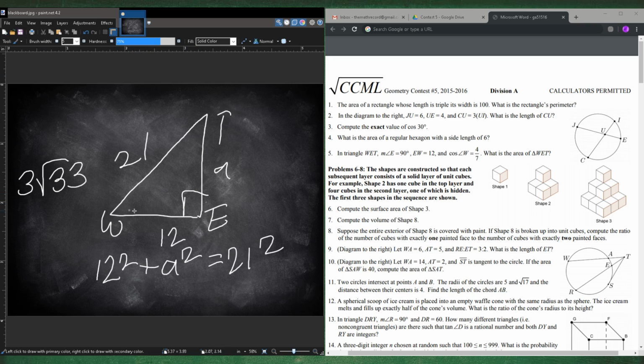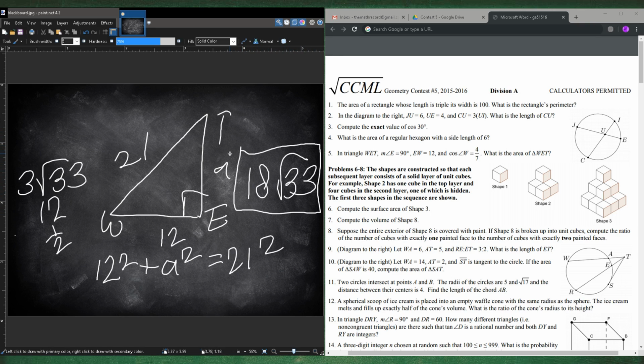And that is A. So to get the area, it's just 3 square root 33 times 12 times a half. 12 times a half is just 6, and 6 times 3 square root 33 is 18 square root 33. So that's your area.